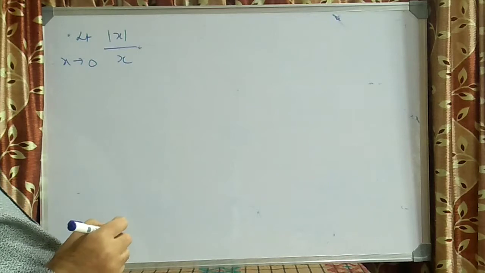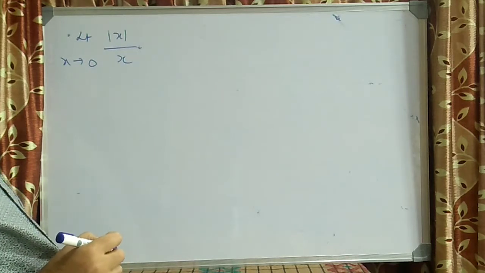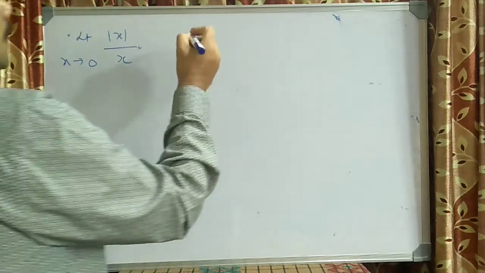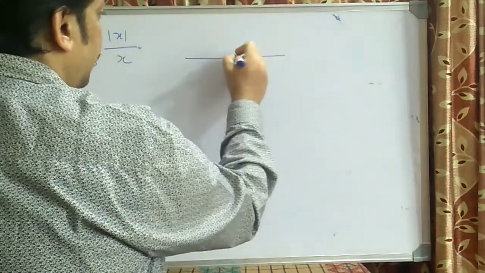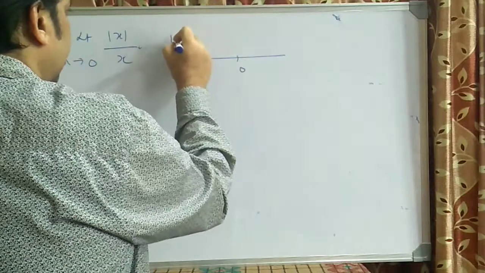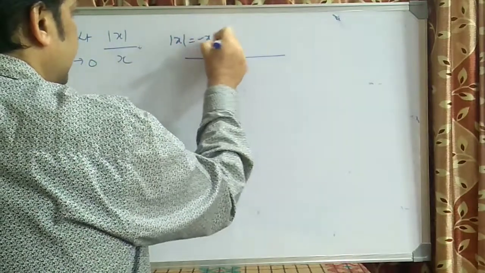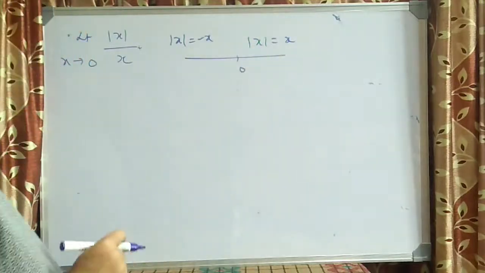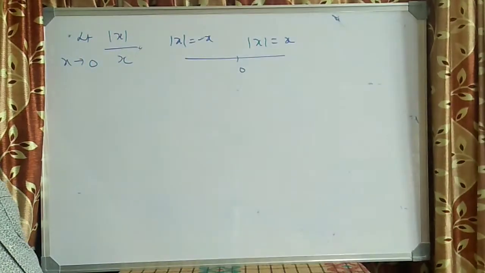Here I need to discuss the left hand limit as well as the right hand limit. Why am I discussing this? Because mod x is defined differently on the left hand side, where mod x is equal to minus x, and on the right hand side, where mod x is equal to x. So this is called piecewise definition of a function. Piecewise, the function is defined separately in separate parts.